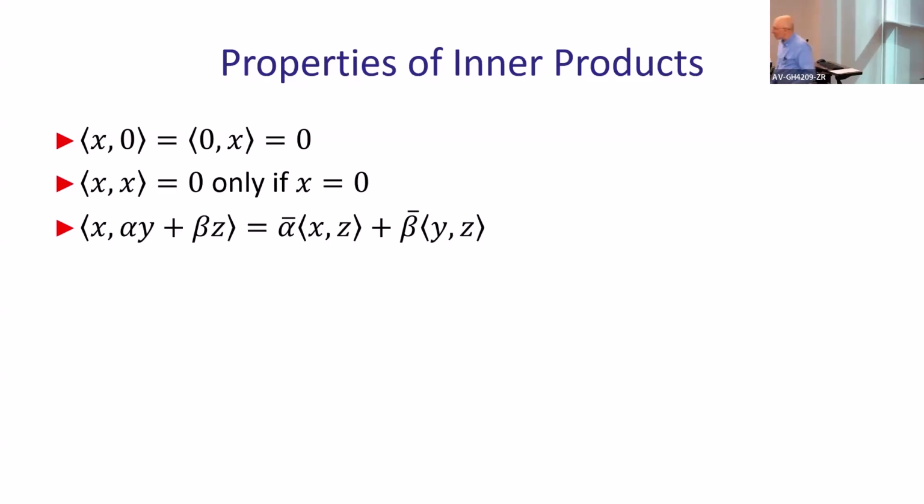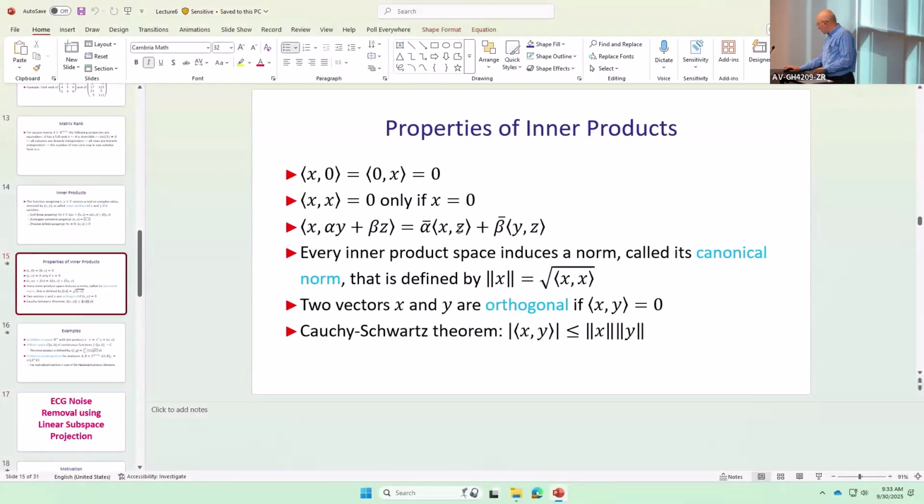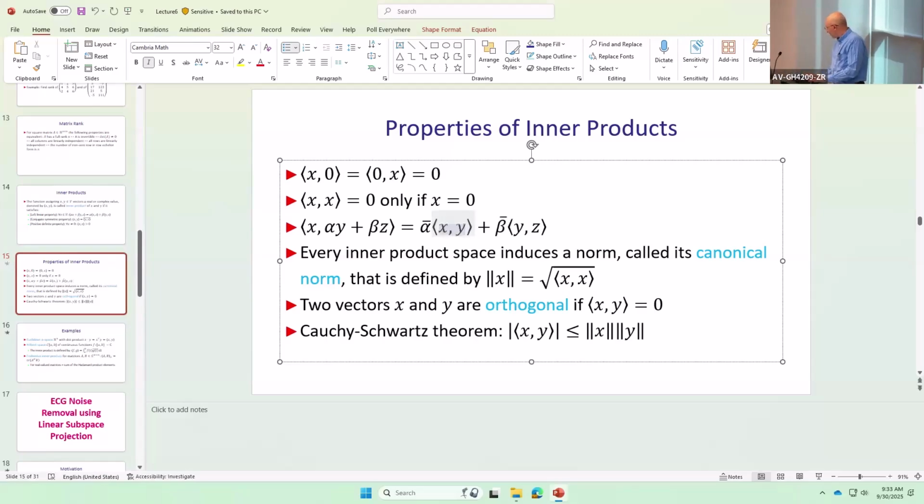Okay, so this part here. This is x with y and x with z, and not x with z and y with z. So the correct one will be very different. Let me correct it here. So it will be x with y, x with z.